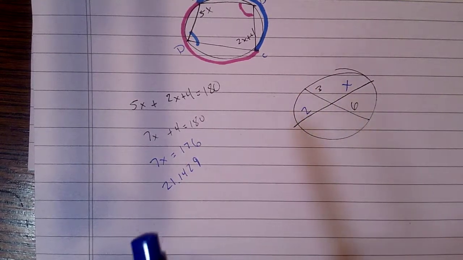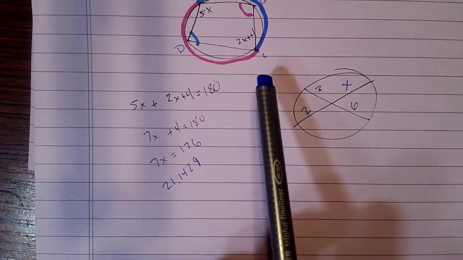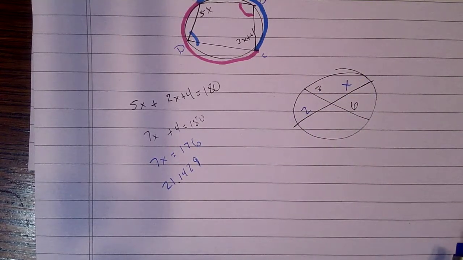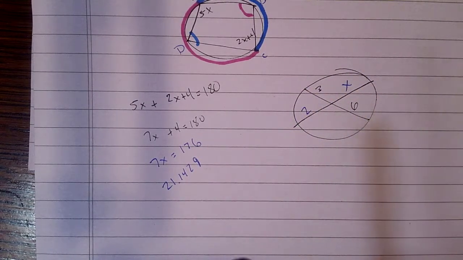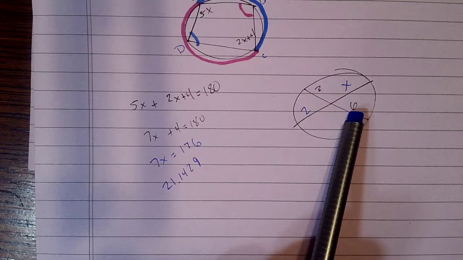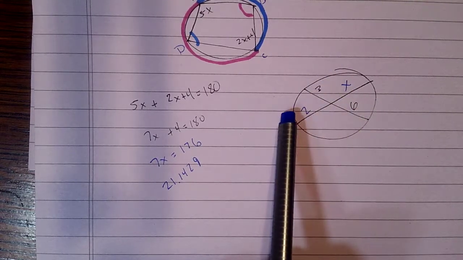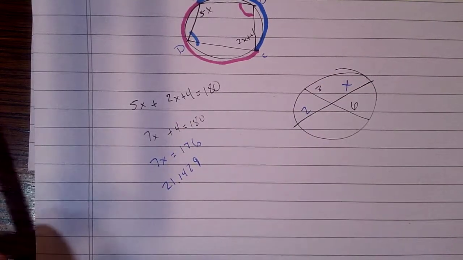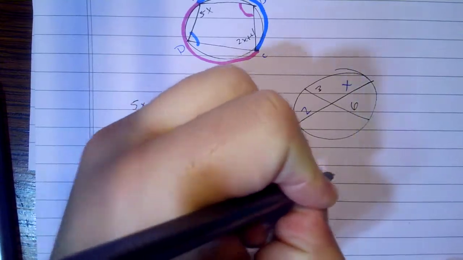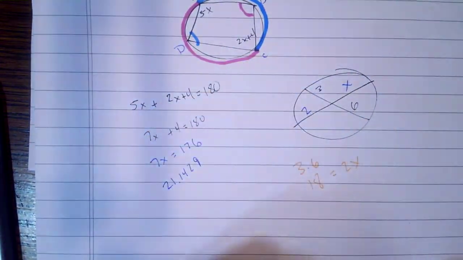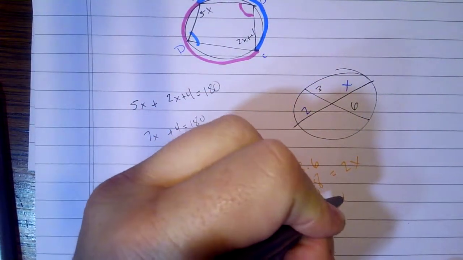It doesn't have to necessarily be a diameter. It's just a line going across the circle. When you have them crossing like this, it's a weird rule. This times this, so 3 times 6 is equal to 2 times x. So to solve that, you just set it up. What's 3 times 6? Well, that's 18. 18 equals 2x, which means x equals 9.